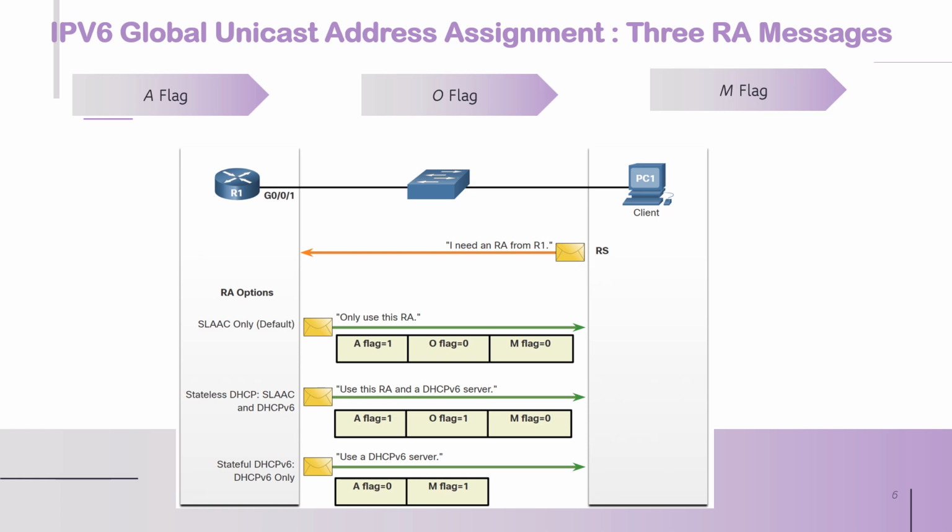So the options are stateless address auto configuration only, which is with the A flag as 1; stateless DHCP, which means stateless auto configuration and DHCP version 6 giving the other information to the client, in which case the O flag is 1; and the last one is stateful DHCP version 6 only, which means that the M flag is 1.